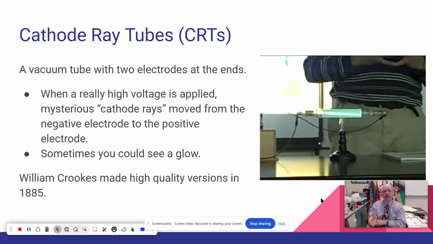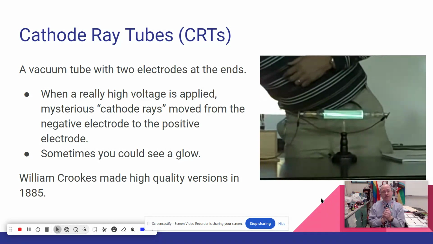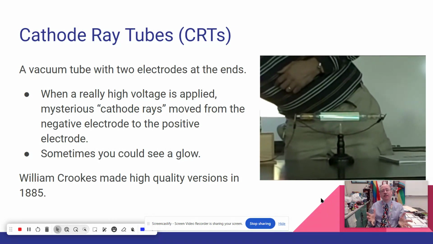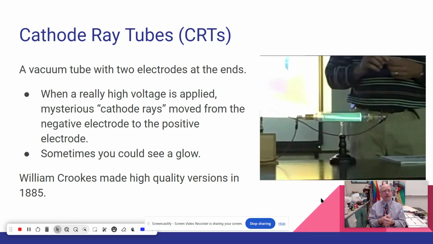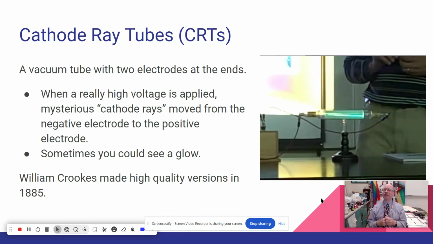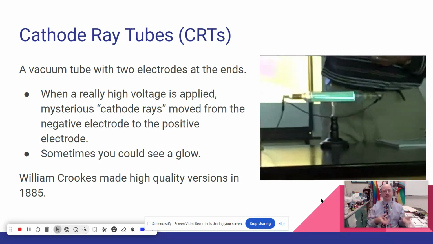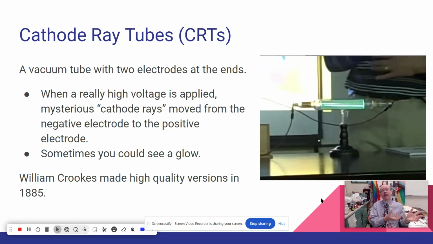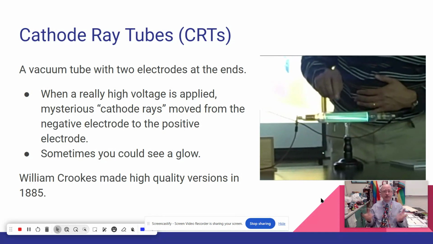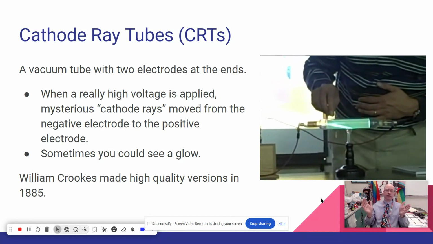That'd be electrons. Now they're not there yet. They're not thinking in the sense of little subatomic particles. But they are playing around with these cathode ray tubes, and they're calling them cathode rays because of the mysterious rays going across, with anodes and cathodes, negatives and positives.